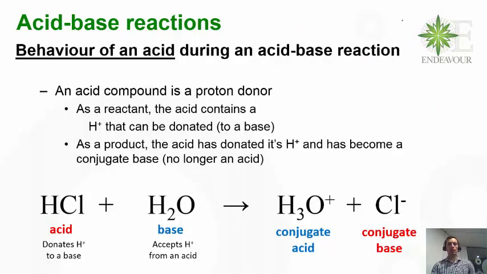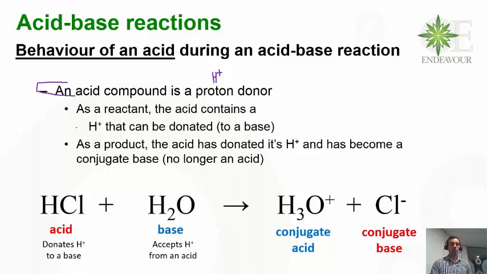Alright, so let's now investigate the behavior of an acid during the acid-base reaction a little bit further. So we can describe an acidic compound as one that is a proton donor. So it has that H+ that it's willing to give away in an acid-base reaction. Remember, a proton is an H+. You can use these terms interchangeably.